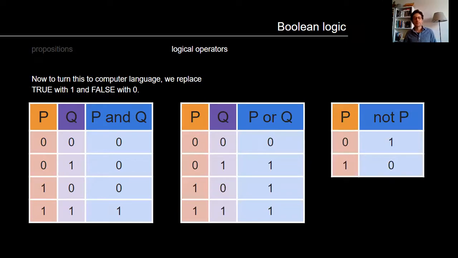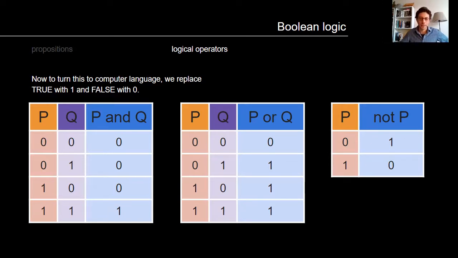And these are the truth tables for all 3 operators. On the left-hand side, you'll see the truth table for AND with 0s and 1s as values. In the middle, you see the truth table for OR, again with 0s and 1s as values. On the right-hand side, you'll see the truth table for the NOT operator. I just replaced T's with 1s and F's with 0s.